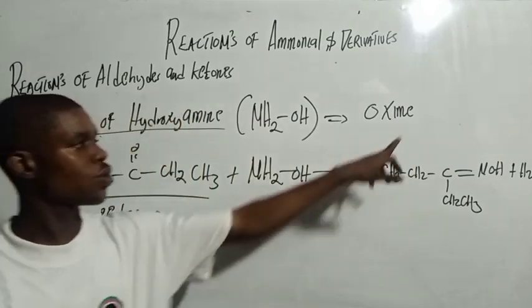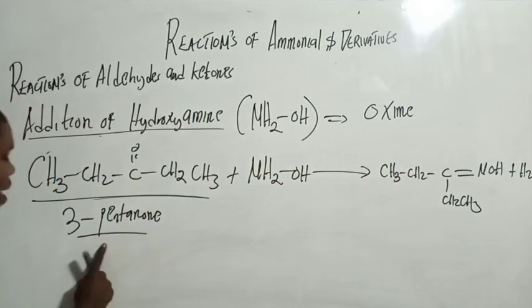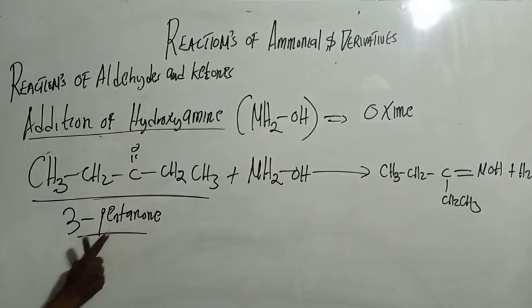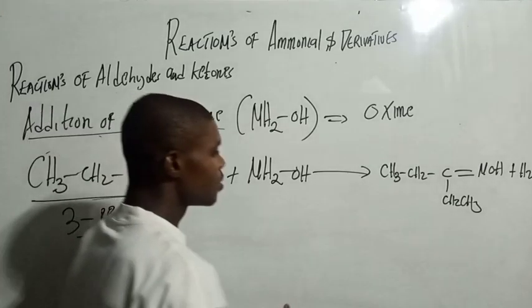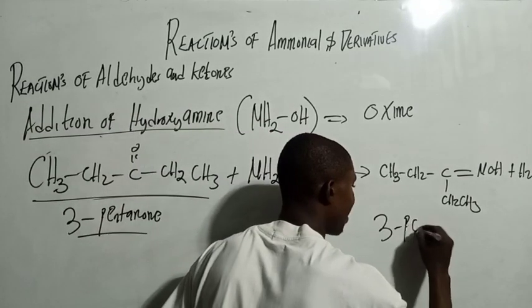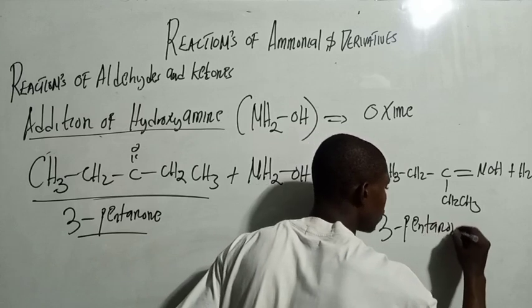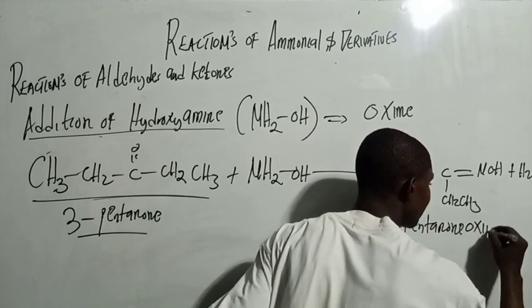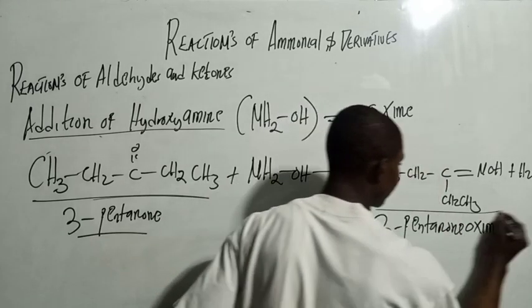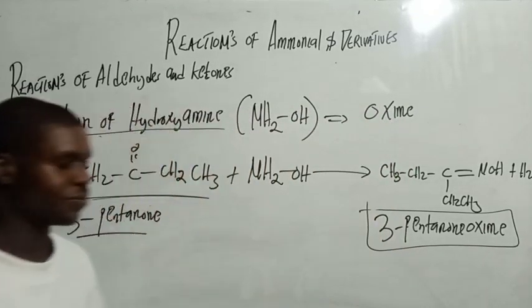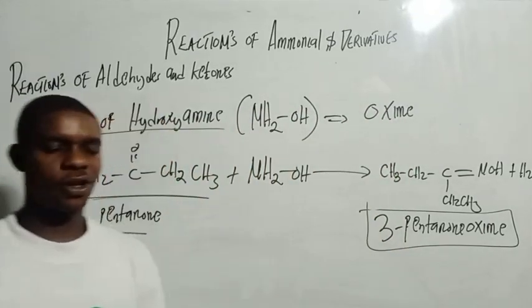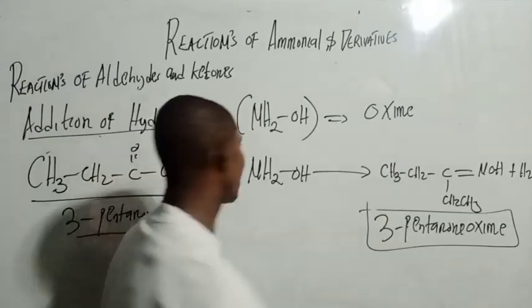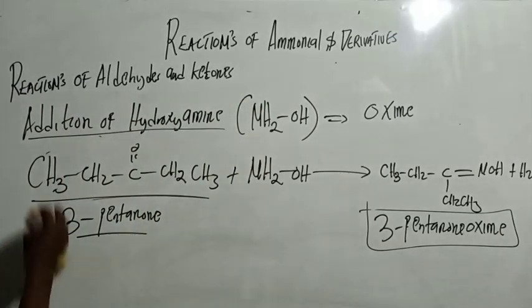Remember, the product is always an oxime. So the name of this compound is 3-pentanone oxime. That is the product of the reaction. You understand? So let's move to the next one.